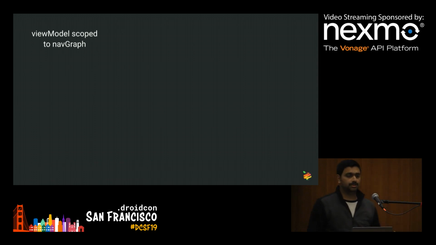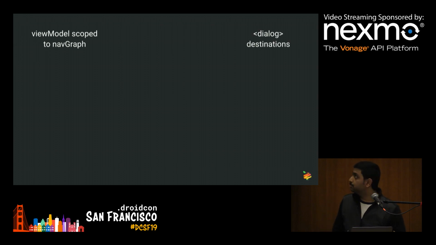The features that were introduced in the 2.x versions of the Jetpack Navigation component include, first, you can create a view model that's scoped to the nav graph. We usually create a view model that's scoped to either the fragment or the encompassing activity. But you can also now create a view model that's alive for all the destinations within a particular nav graph. You can also support dialog fragments.